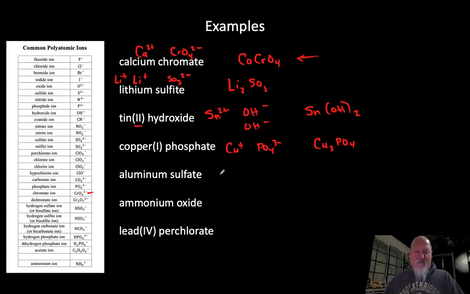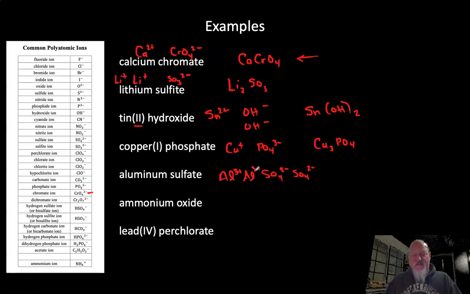Right, aluminum sulfate. Al is 3 plus. Sulfate is SO4 2 minus. Interesting. So right now I've got more positives than negatives. So if I add another SO4, that would give me 4 negatives and 3 positives. So I need to add another aluminum.